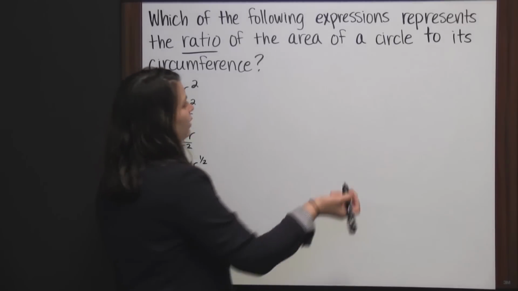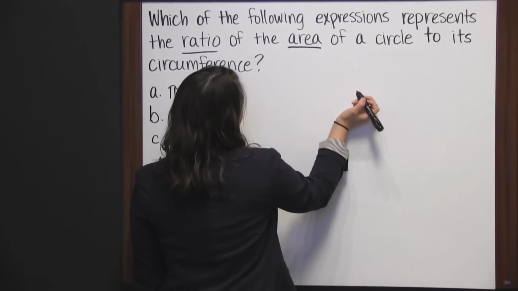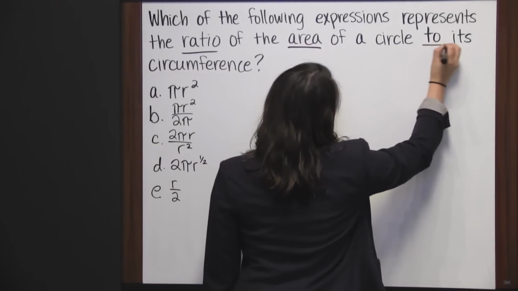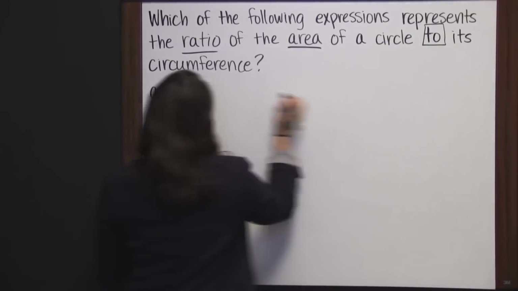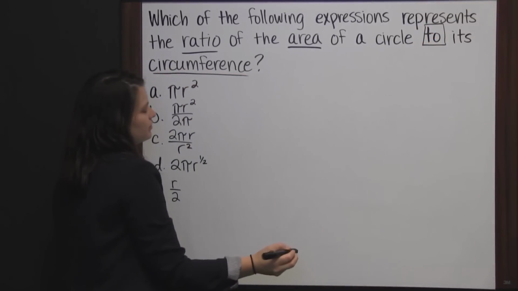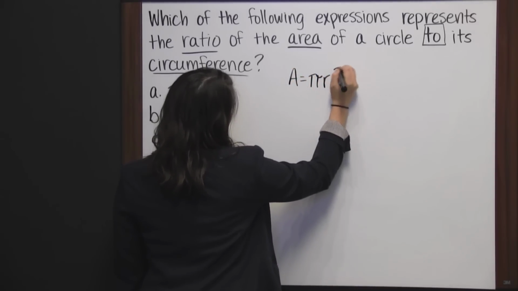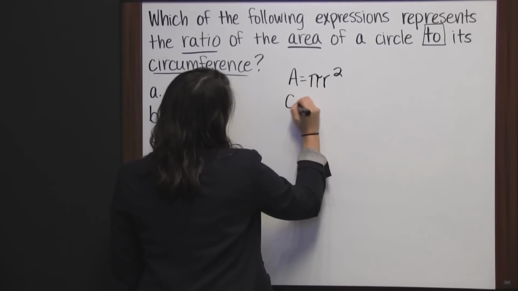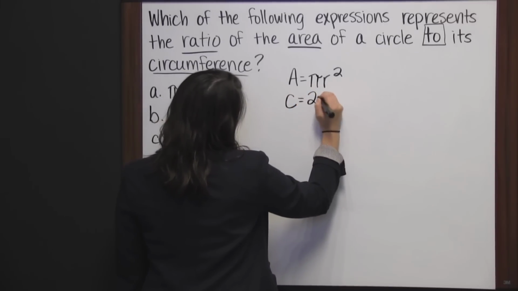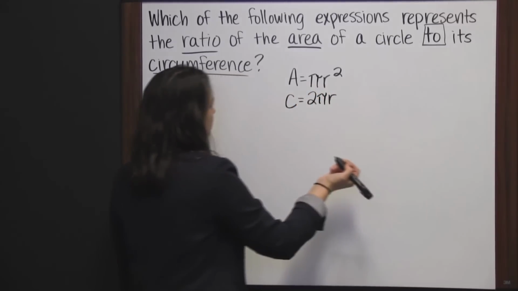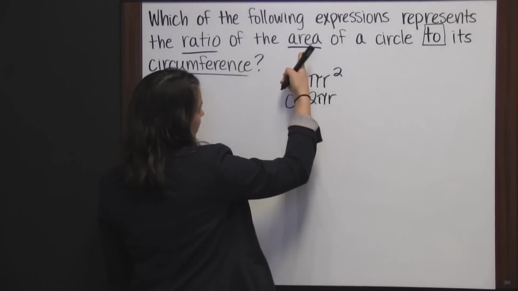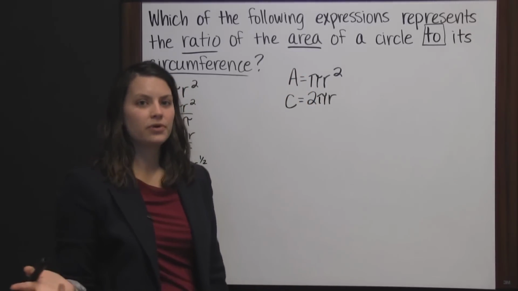And what we're comparing is the area of a circle to its circumference. Well, the area of a circle is pi times radius squared, while the circumference of a circle is 2 times pi times radius. So the area is going to be our numerator.